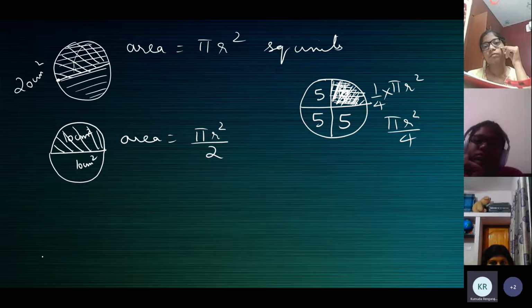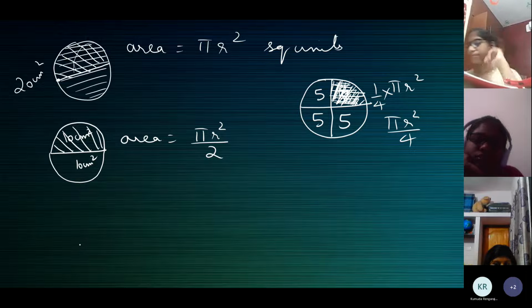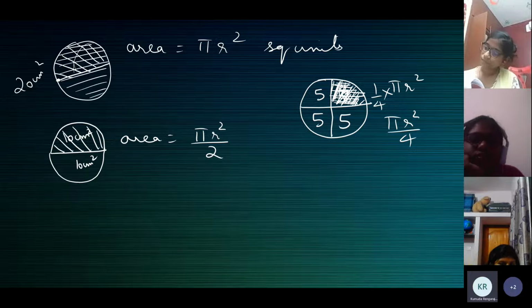So this is about area. Area of circle, pi r square. Area of the semicircle or the semicircular region is pi r square by 2. Area of a quadrant, pi r square by 4.